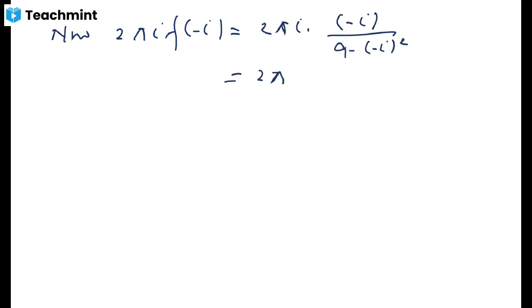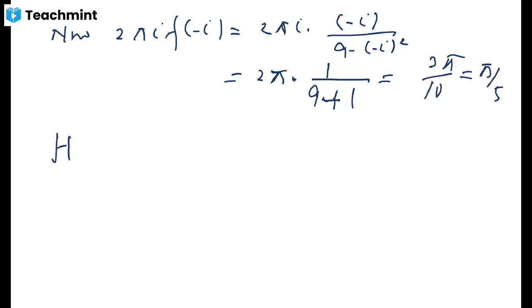In the numerator, i and i multiplied give minus 1, and the minus cancels. And i square is minus 1, so 9 minus minus 1 is plus 10. So it is 2 pi upon 10, which is pi upon 5.